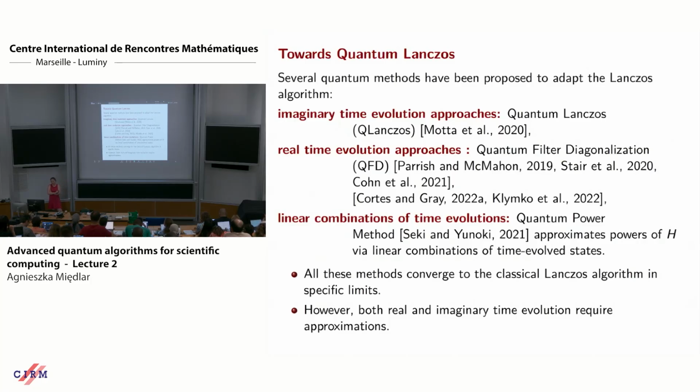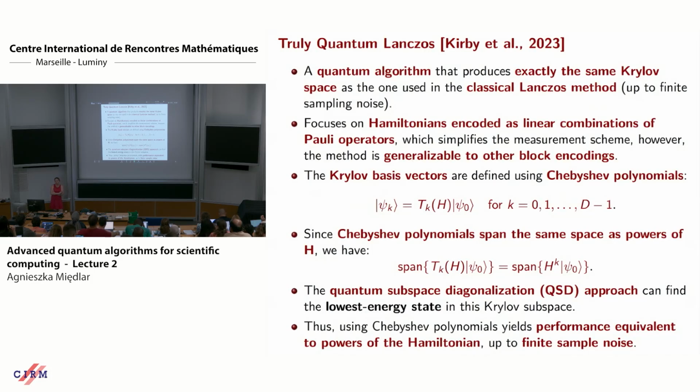However, both real and imaginary time evolution require approximation, meaning that they construct a Krylov subspace which is an approximation to the exact Krylov subspace in the classical sense. The advantage of the algorithm that I'm going to talk about, which I call truly quantum, or Will also calls truly quantum Lanczos, is that it allows, with some assumptions, creating a subspace which is exactly the same Krylov subspace that you would create if you could store those giant Krylov vectors.